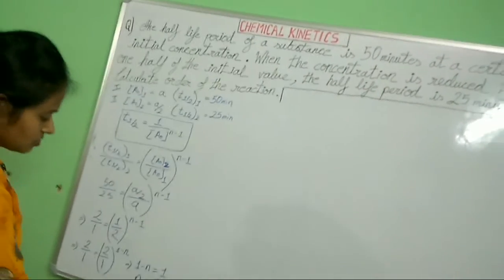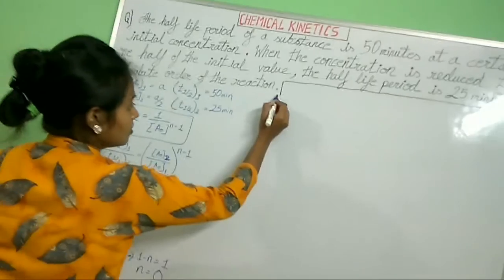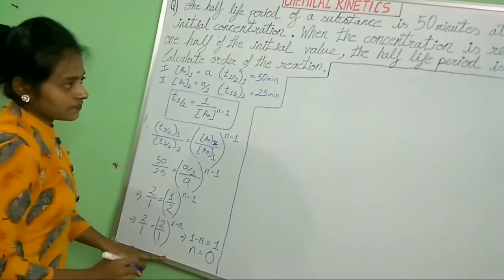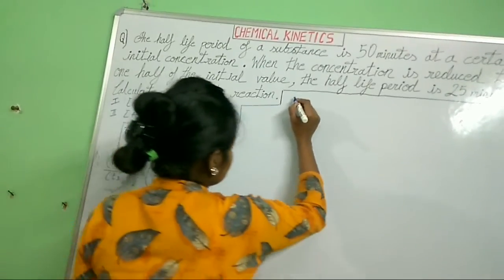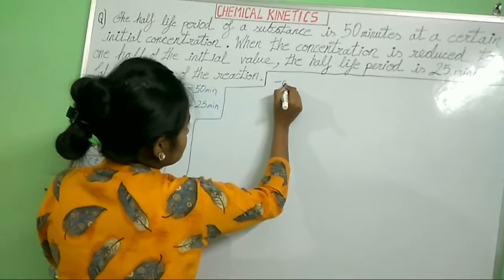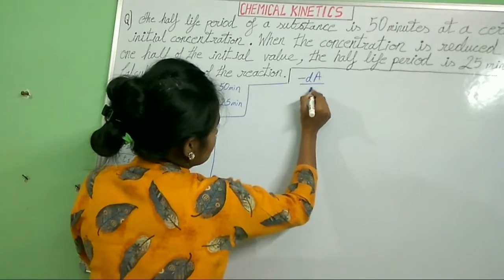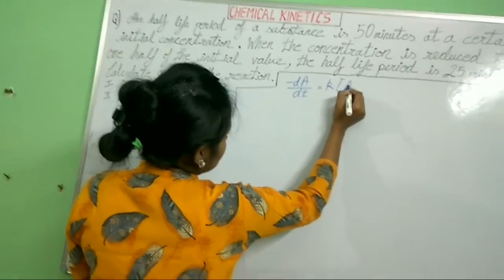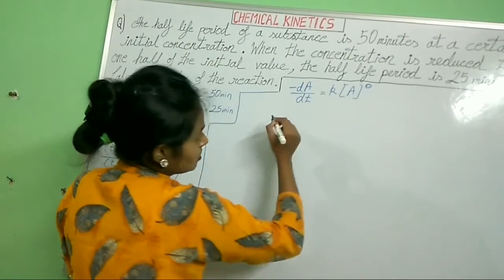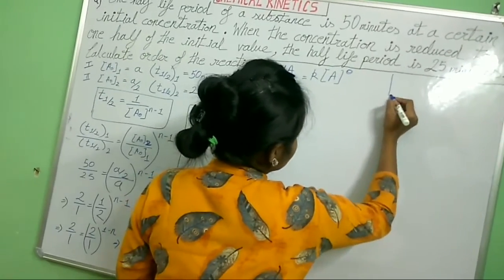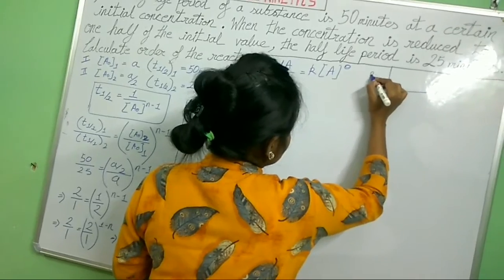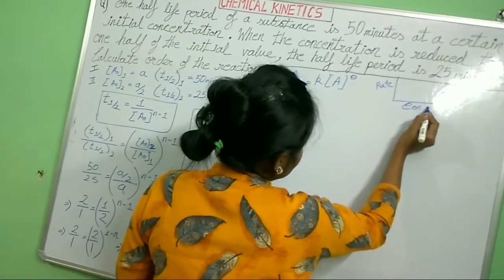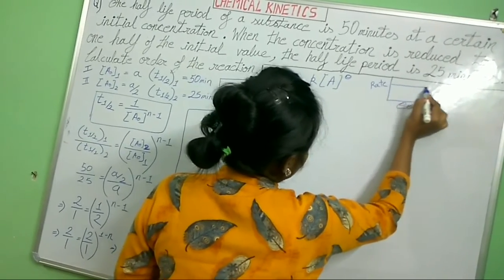Okay. Now let us look at some of the graphs related to zero order reaction. How to write the rate of zero order reaction? Minus dA by dt is K A to the power naught. Now if we plot a graph, on y-axis if we take rate and on x-axis if we take concentration, then there will be a straight line graph.